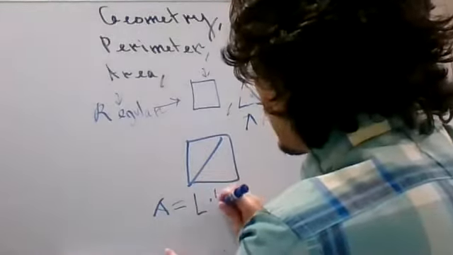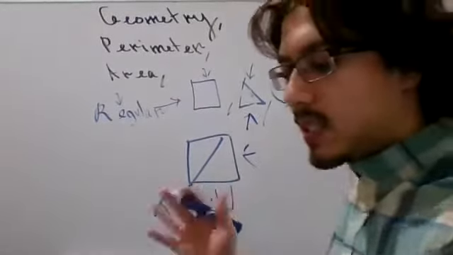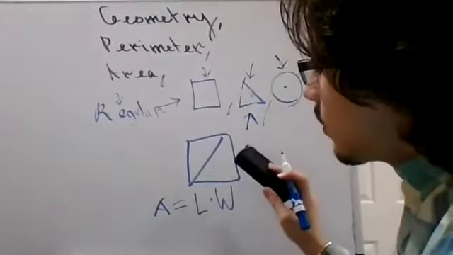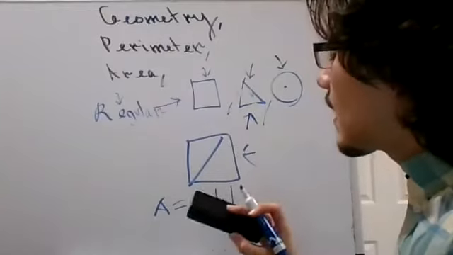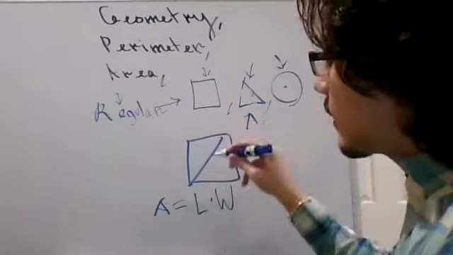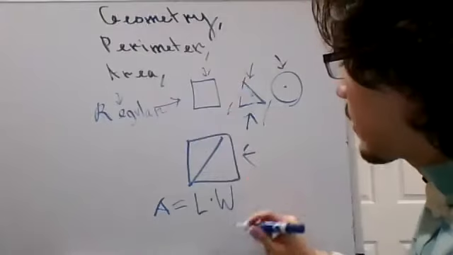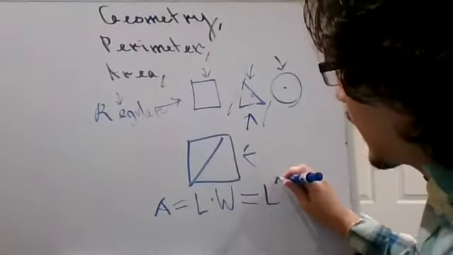Length times width. In the instance of a square, specifically, all sides of the square are the same because it is a regular shape. Because of that, the length and width are the same. So the area is also equal to the length squared.